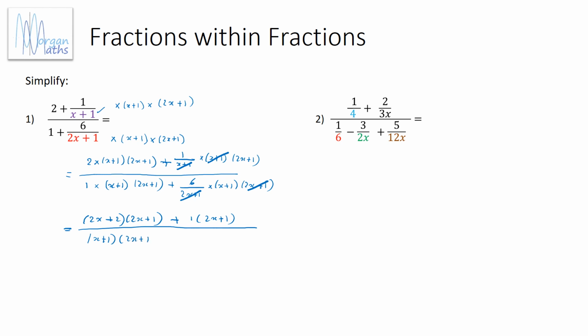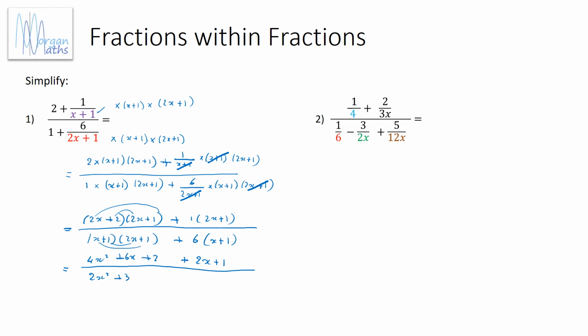The next step will be to expand all of these brackets very carefully. So we're going to have 4x squared plus 4x plus 2x, so that's going to give us plus 6x, and then 2 times 1 plus 2, and we're going to add the expanded second bracket of 2x plus 1. At the denominator, we're going to have a 2x squared, and we're going to have 2x plus 1 more x, so that's going to be plus 3x plus 1, and then we're going to add to that 6x plus 6.